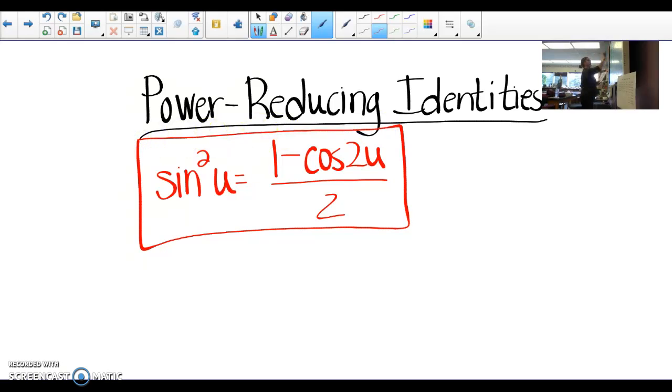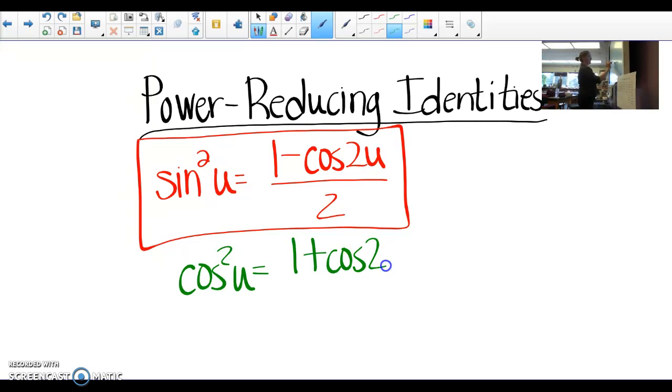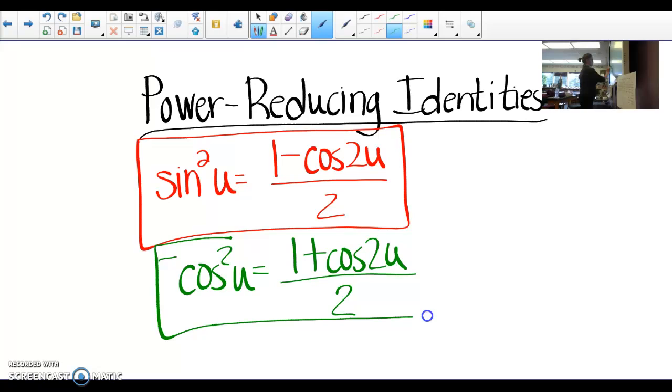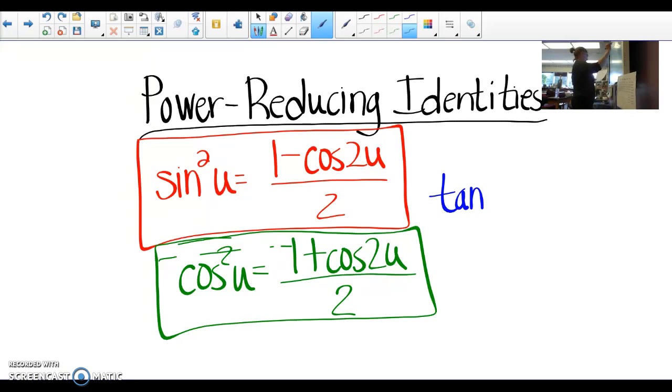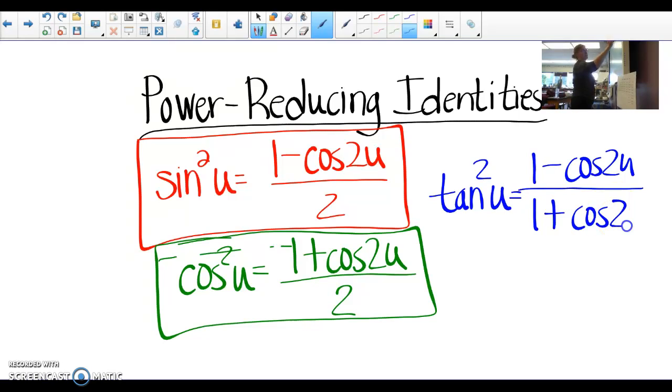And we have cosine squared u equals 1 plus cosine of 2u over 2. Second one. And the last but not least, tangent squared u is equal to 1 minus cosine of 2u divided by 1 plus cosine of 2u.